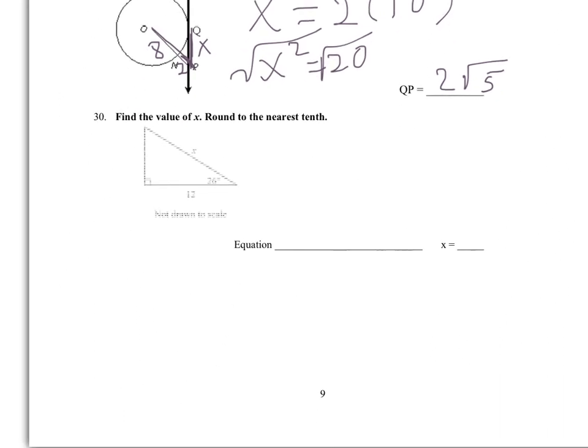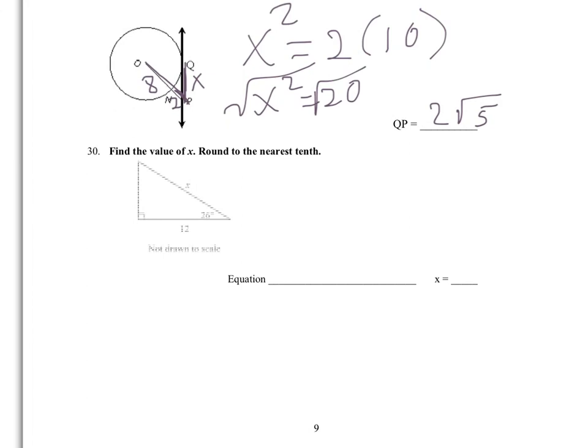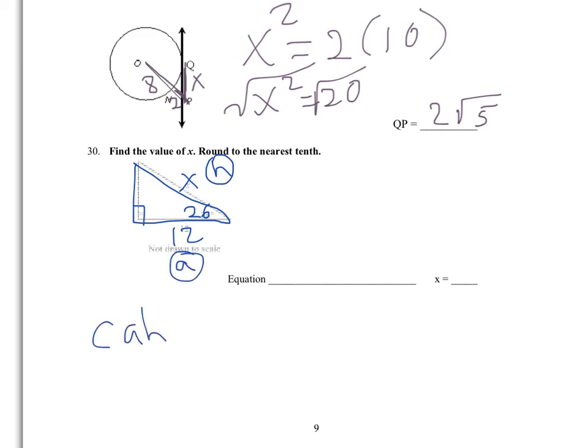Number 30, we're going to have to go back to some SOHCAHTOA. We have a right triangle with a segment of 12 here, x here, and an angle measure of 26. We know the angle measure, we're looking for the hypotenuse, and we know the adjacent side. So that is cosine.